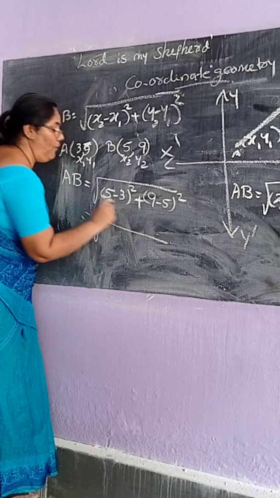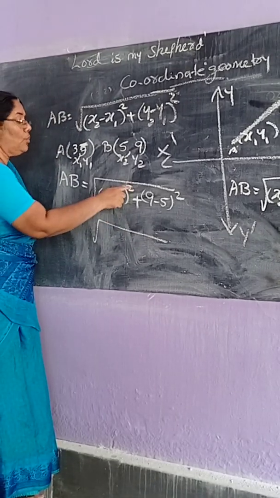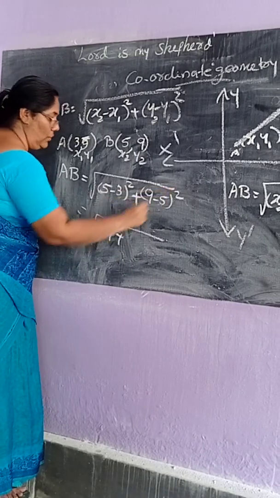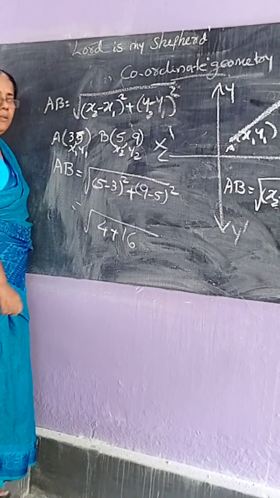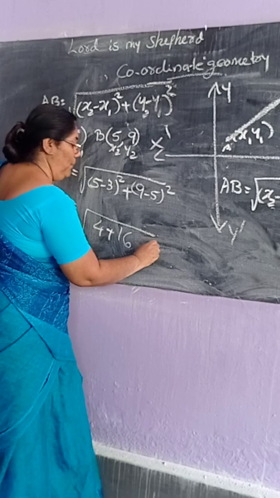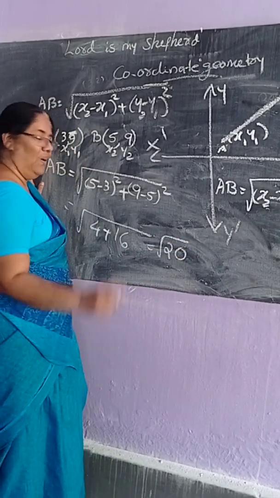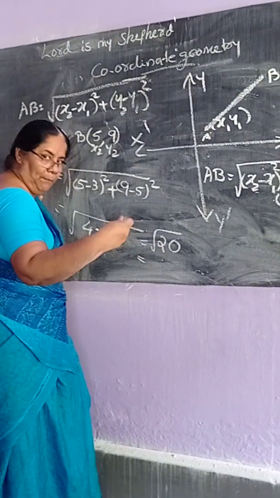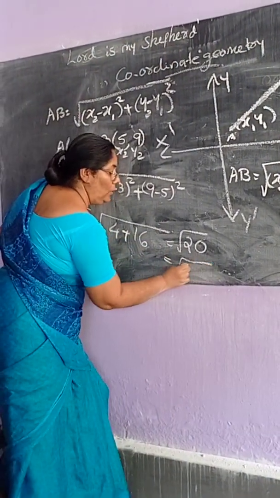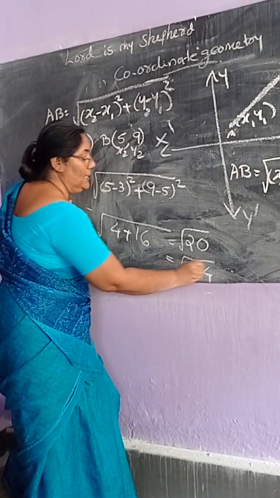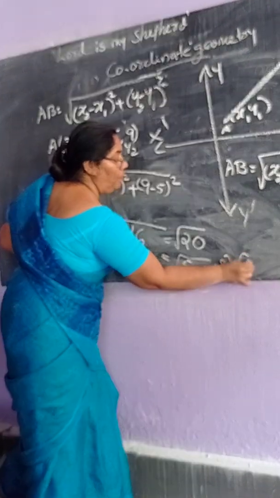Root of 5 minus 3 means 2. 2 square, 4. Plus 9 minus 5, 4. 4 square, 16. What is 4 plus 16? Root 20. Or in the simplest form you can write root of 5 into 4. If you take 4 outside, the answer is 2 root 5.